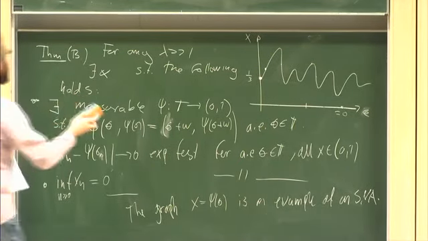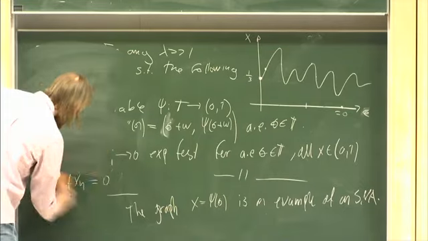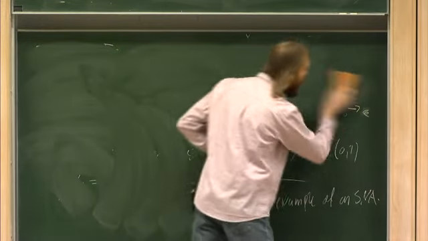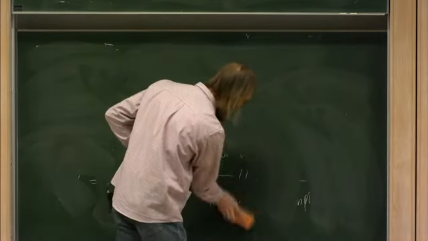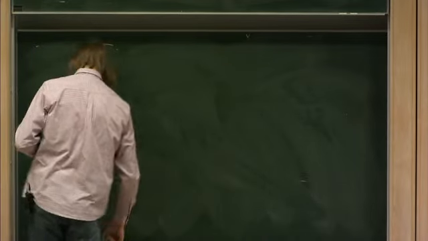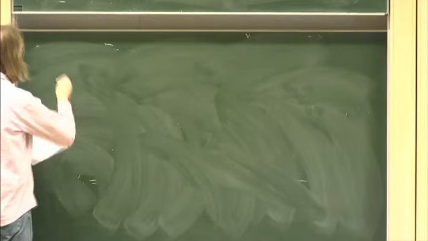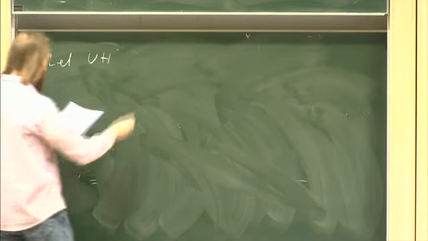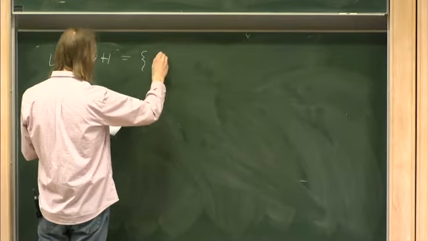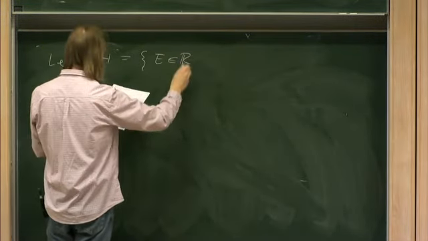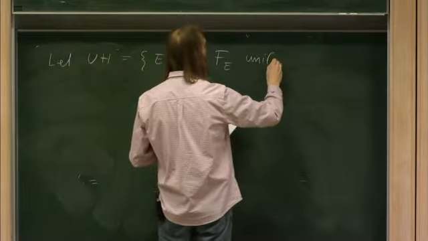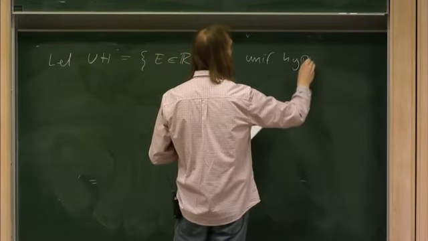So now there are some different dynamics of this map. Let us divide the parameter space a little bit. Let UH, uniformly hyperbolic, be the set of parameters E such that F_E is uniformly hyperbolic.